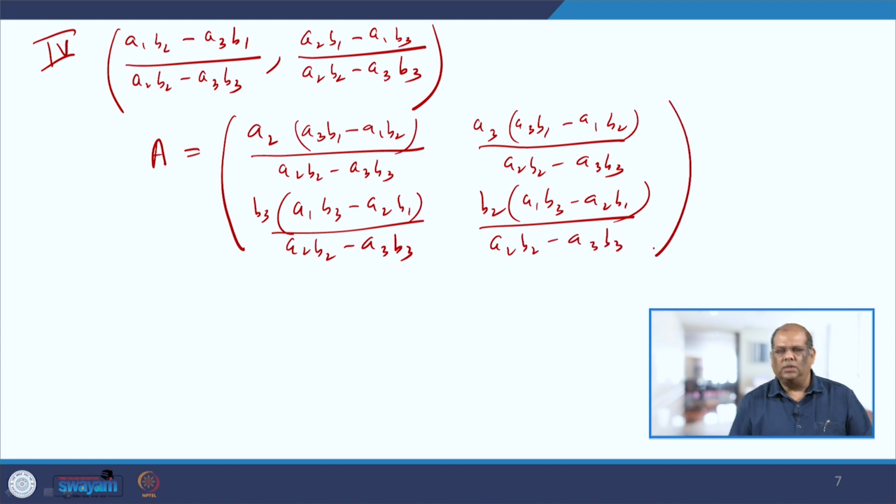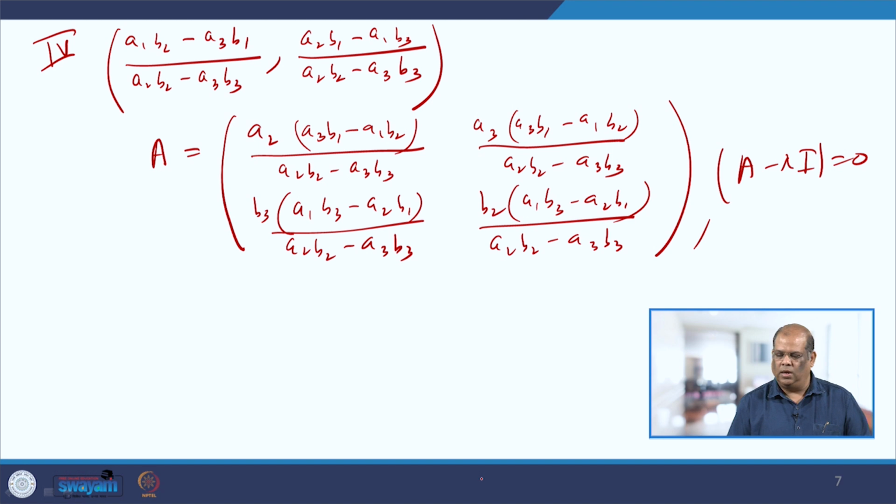So, once you get this, you have to find the characteristic equation, which is determinant of (A minus lambda I) equal to 0. If you want to find the eigenvalues in the form of AIs and BIs, it will be a bit complicated.